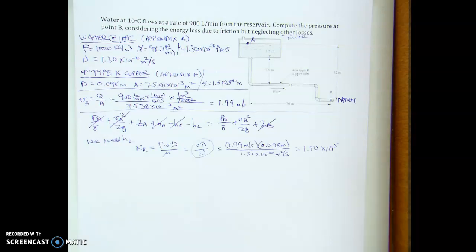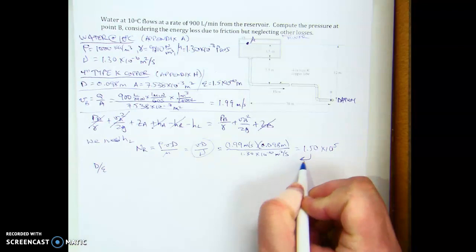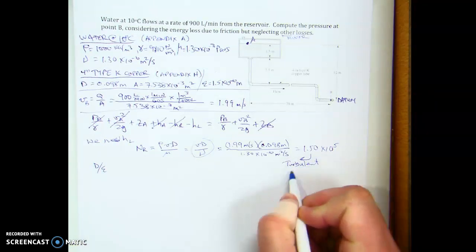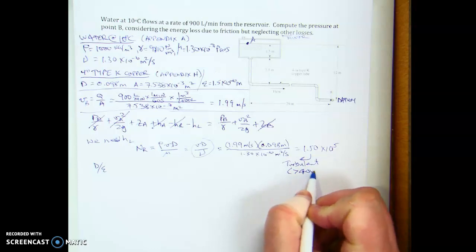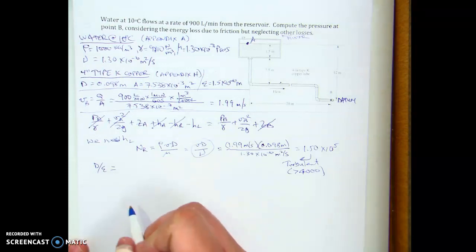So now we need to get our d over epsilon as well. Actually, one point I forgot to make, this is clearly turbulent since it is greater than 4,000. You're going to find that most of these do turn out to be turbulent, although we will sneak in a couple of examples of our laminar as well.